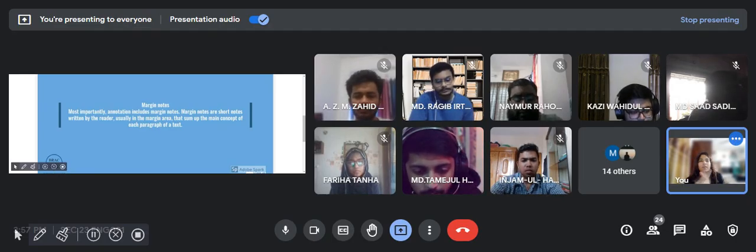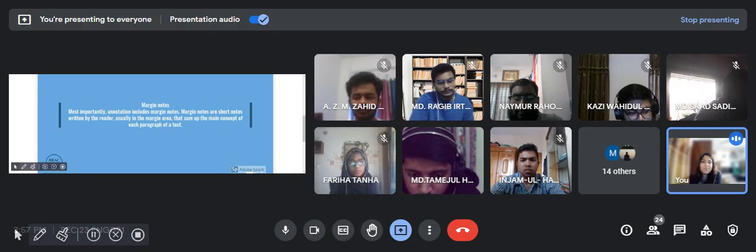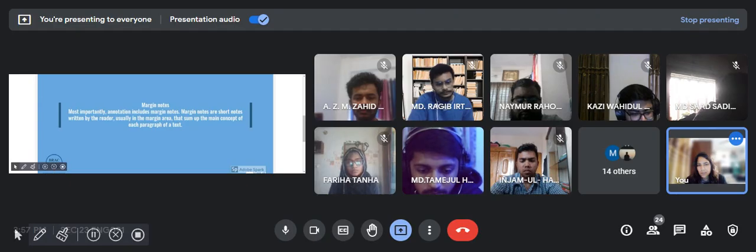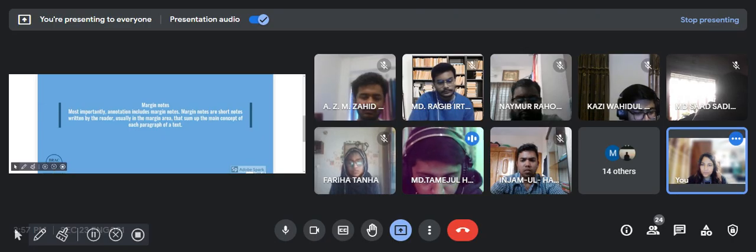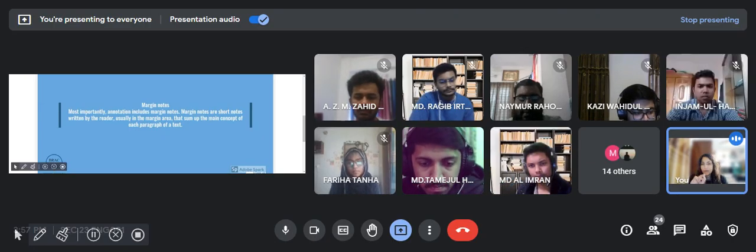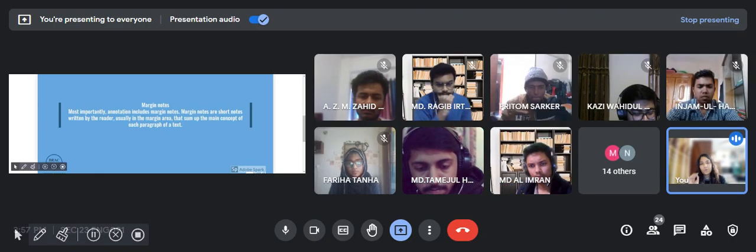Basically, you will write the main idea or the main concept from each paragraph in a group of words. Let me repeat. So each paragraph has only one main idea, correct, class? You are going to identify the main idea first. You are going to identify the main idea from each paragraph, and then you are going to underline the main idea.